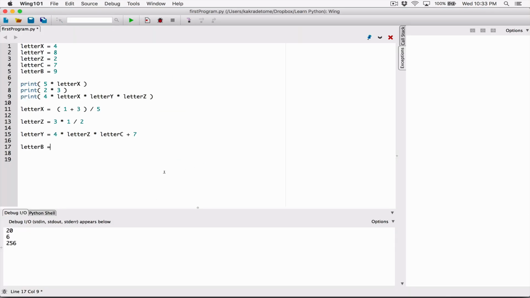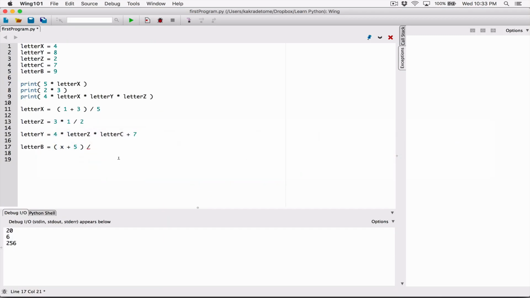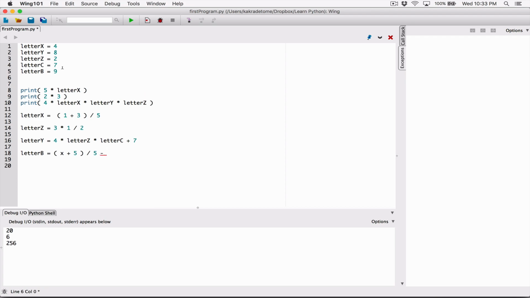We want x plus 5 separate, and we want it to evaluate first, so we surround it with parentheses. And then we divide by the difference of 5 minus v. Letter v we don't have declared, so let's go ahead and do that. Let's say 3. 5 minus v.